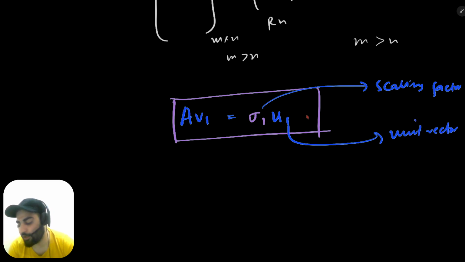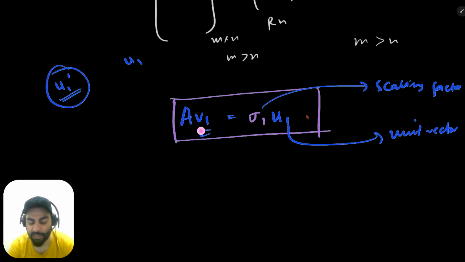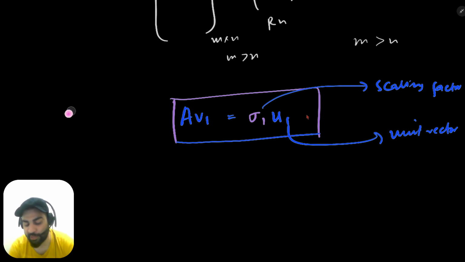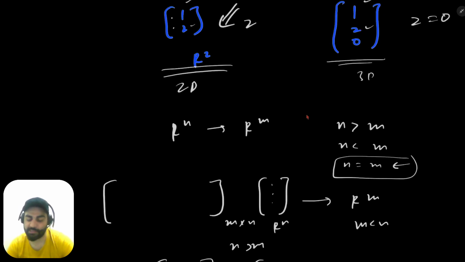I only did one thing: I had some vector, let's suppose u1 dash, which was not a unit vector. In order to convert it into a unit vector, I made a unit vector u1. So the actual vector which v1 was taken to was u1 dash, but now I multiply by sigma 1 to get this. So now the expression you have is A v1 equals sigma 1 u1.